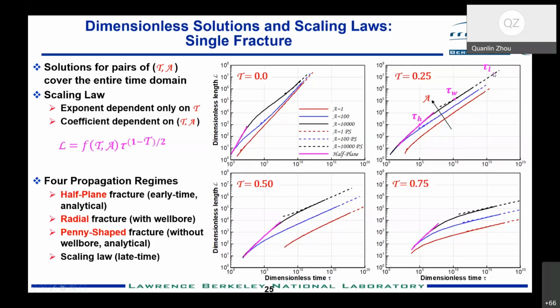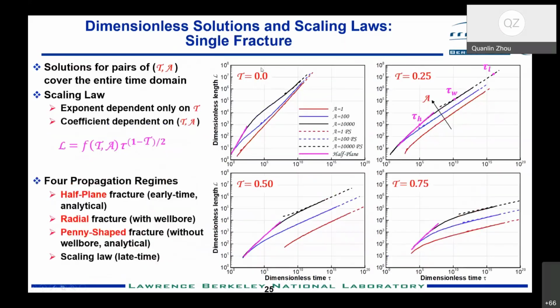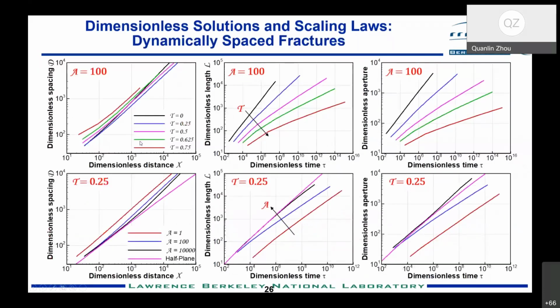And after this is the scaling law. So I think maybe here one thing is the scaling law. The scaling exponent is 1 minus tau, half of this. And then that is the dynamic spacing fractures.